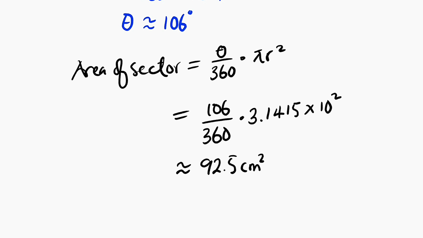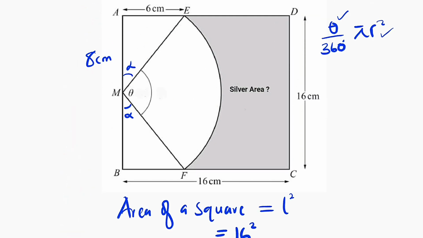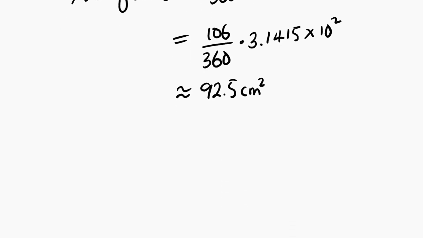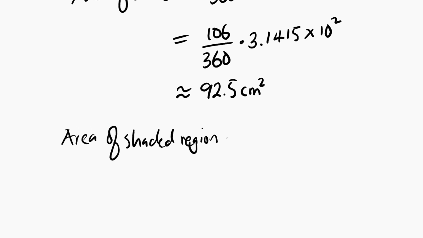Finally, to find the area of the shaded region, all we have to do is take away this area and these 2 areas. Area of shaded region is equal to area of square minus area of the 2 triangles, then minus the area of the sector.